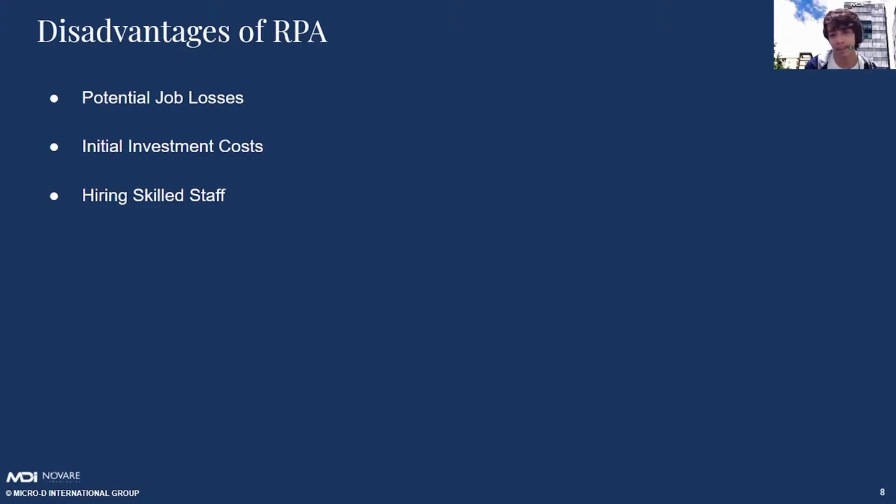Next and final disadvantage that we have listed is hiring skilled staff. It's pretty prevalent in some manufacturers to find skilled staff to fill in the specialized roles in their factories. This also applies to RPA. For example, a company decides to adopt automation in their processes.